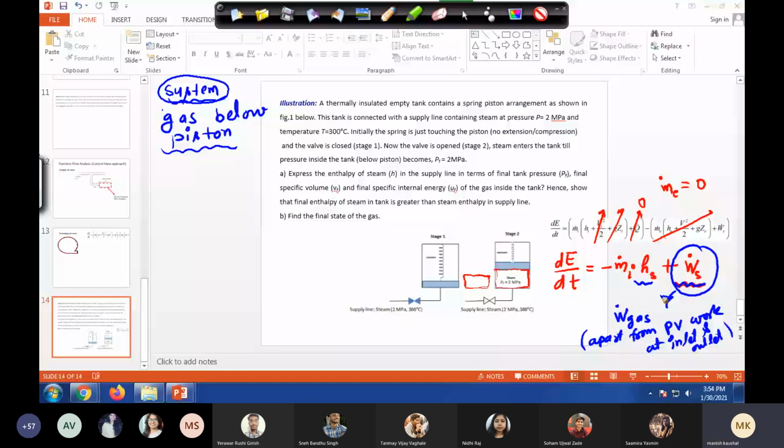So now what will we do? Now we'll do as follows. First, we can integrate this equation. Let's call this equation 1.